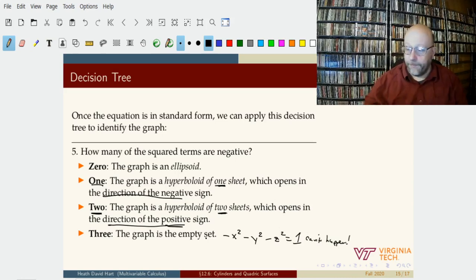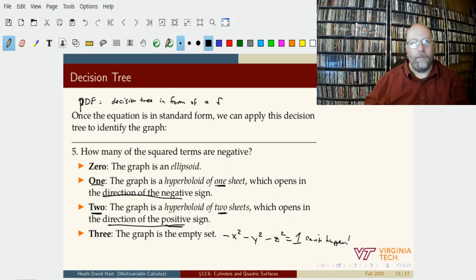Okay? So 5 questions. They're easy questions once you have standard form. Just look at the standard form and go through this. If you check in the PDF notes, I have this decision tree in the form of a flowchart.